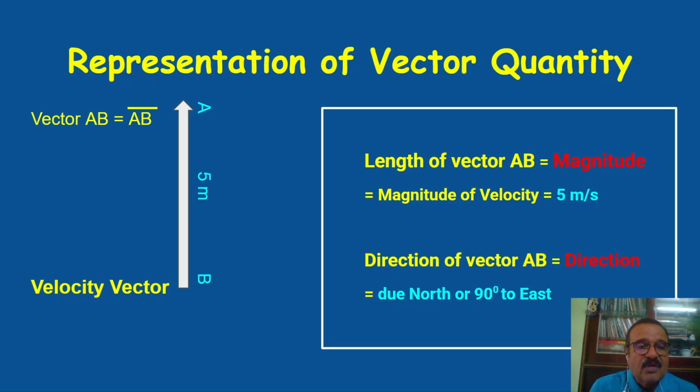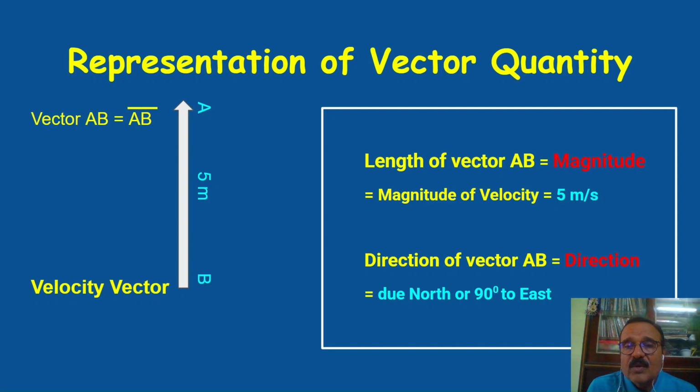Then the another example is of velocity vector. Again, this is vector AB denoted as AB bar. Again, B is the tail of the vector, A is the tip of the vector, and length of vector is 5 meter.